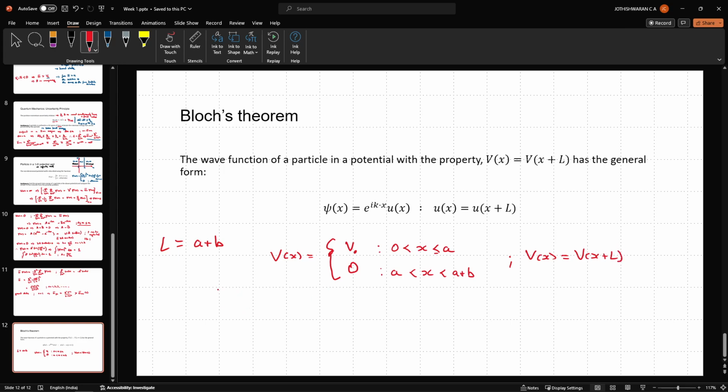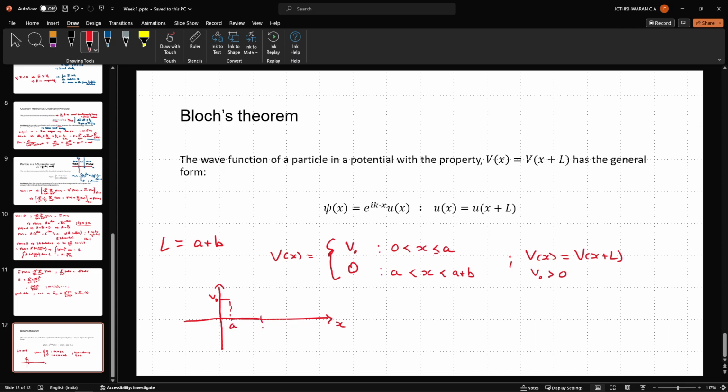So what will this potential look like? It is a periodic potential, and let me say V naught is greater than 0, just for the sake of consideration. So it is going to be some positive value V naught. Of course, this is the x-axis, this is the potential axis, and then it is going to be 0 until this point.